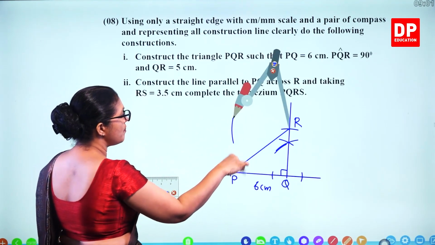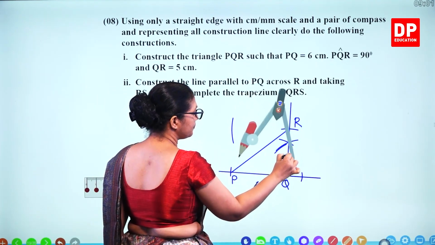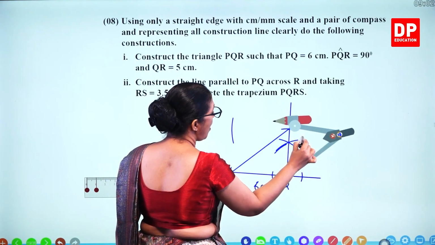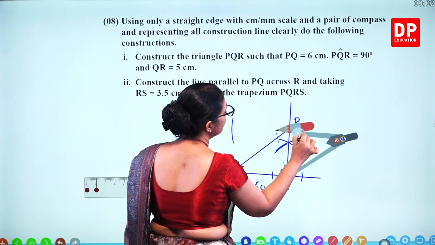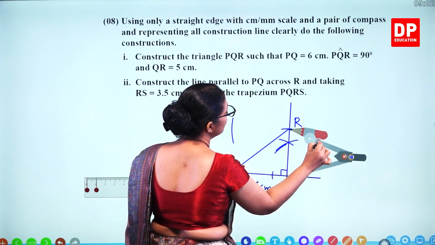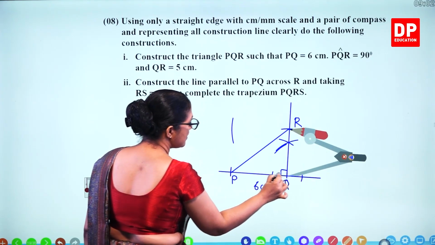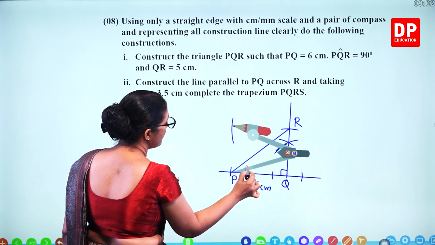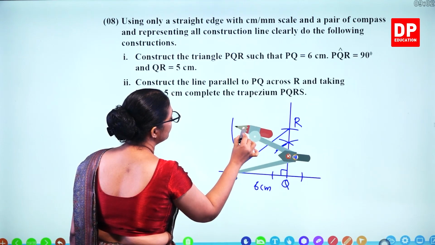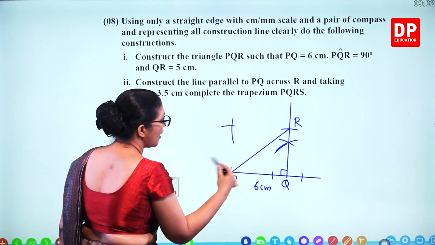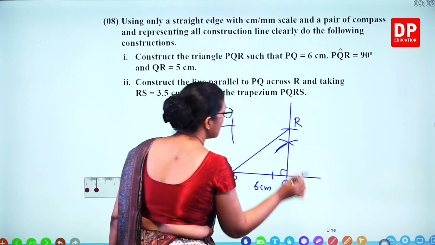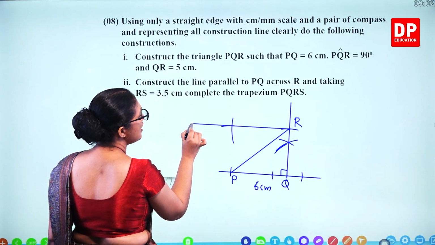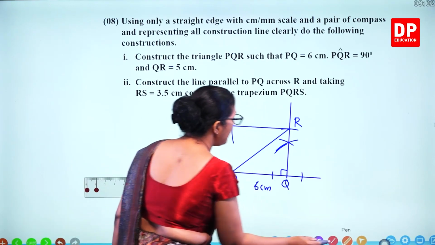And now we have to measure this length, QR length, and you take the same distance from P. So we are constructing a parallelogram. Now you can connect this R and this intersecting point. So that's the parallel line.